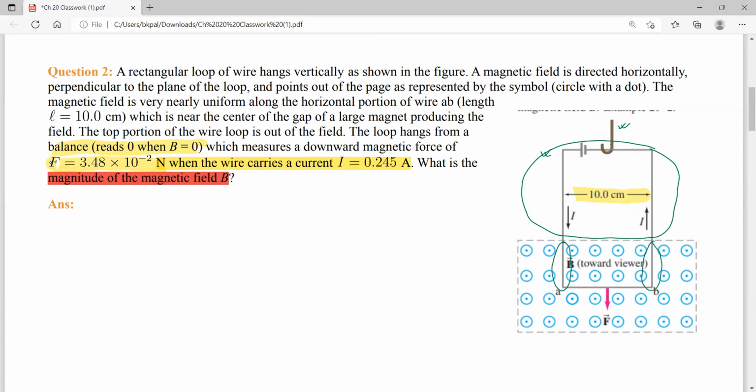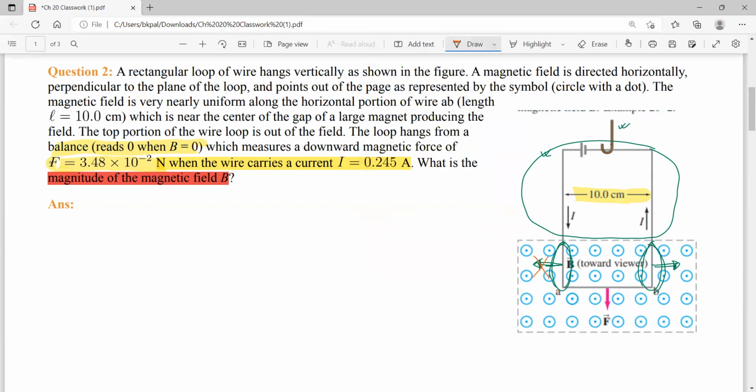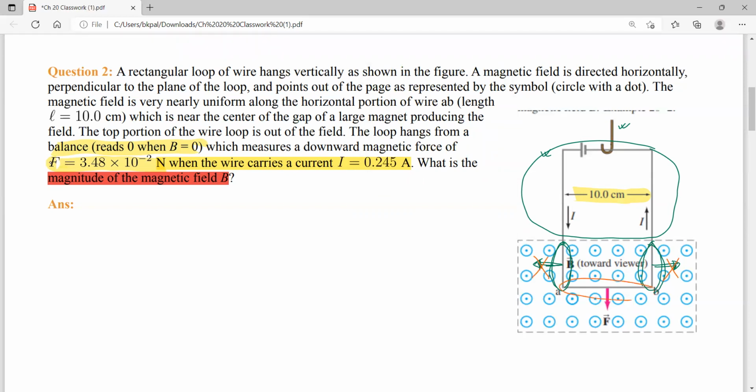The same current is flowing here and here. The length is same, but the current directions are opposite. So the force here is in this direction, and the force here we will get in this direction. But the magnitude of the force here and here will be the same. So that means they cancel each other. So we have only force due to this part.